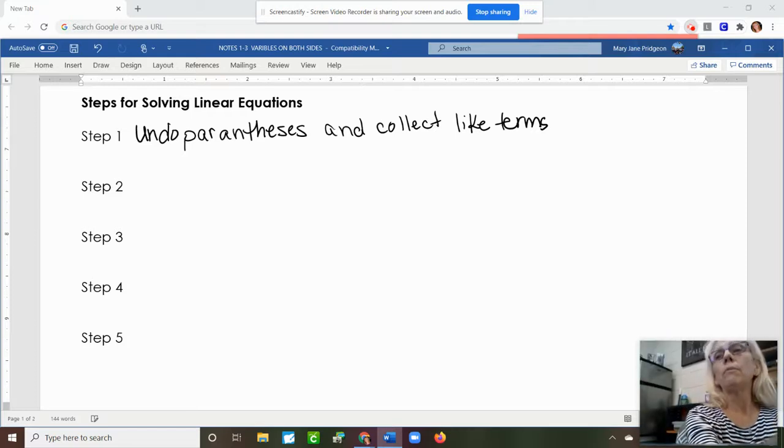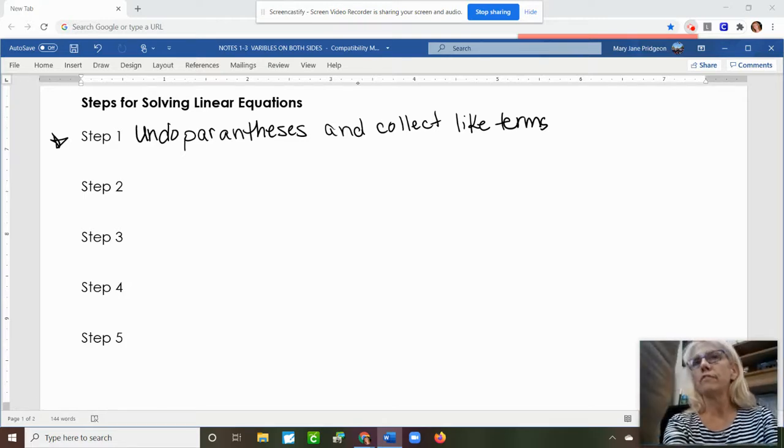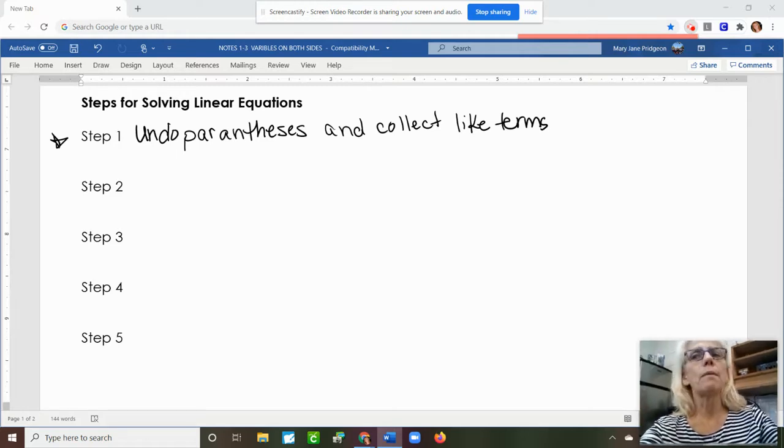Now, keep in mind, sometimes you don't have parentheses, okay? So you might not have to undo the parentheses, but you may have to collect like terms, okay? Or you might undo the parentheses and there are no like terms. So sometimes not both of these things will be happening, okay?